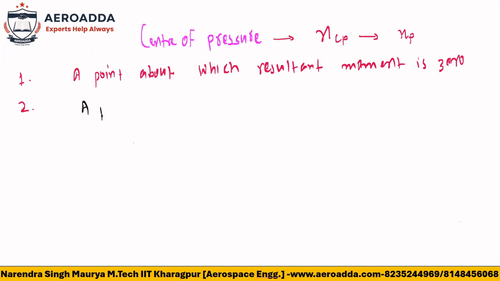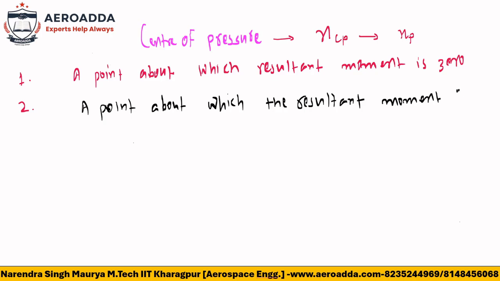A point about which the resultant coefficient is zero.